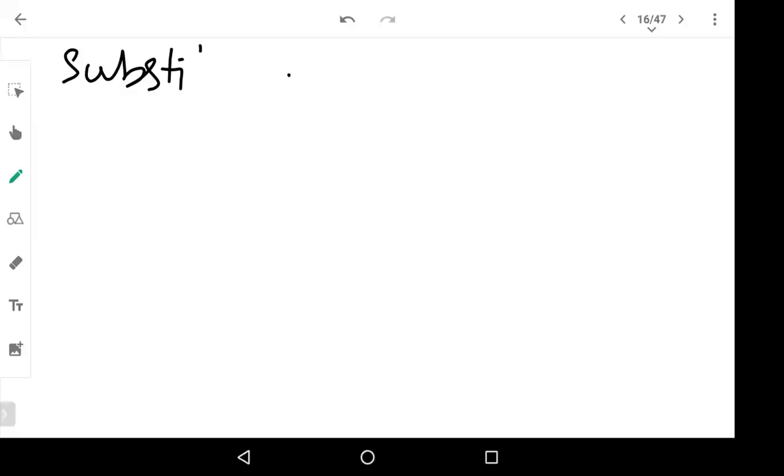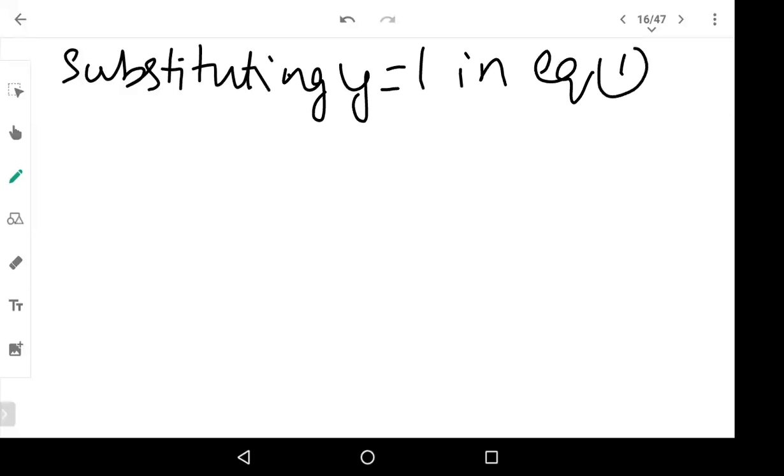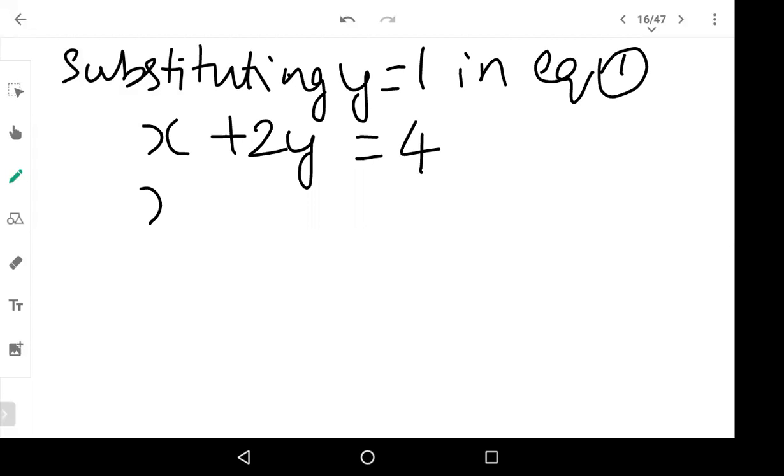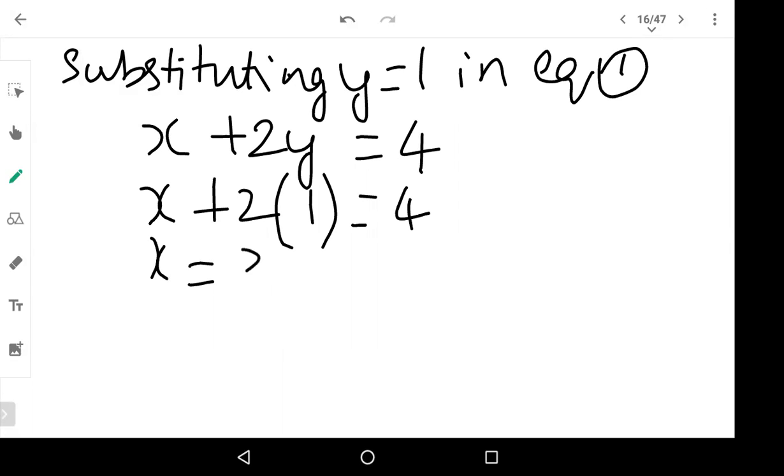Substituting y is equal to 1 in equation 1. So what is equation 1? X plus 2y is equal to 4. So x plus 2 into 1 is equal to 4. X plus 2 is equal to 4.